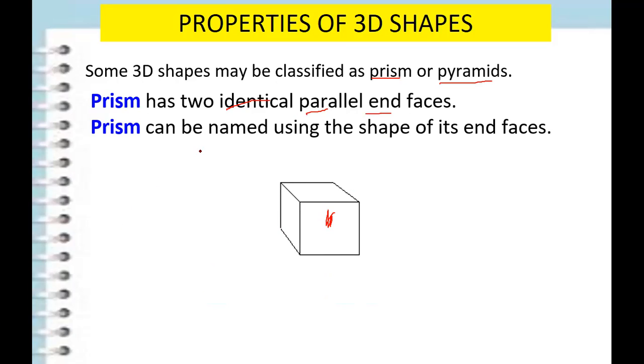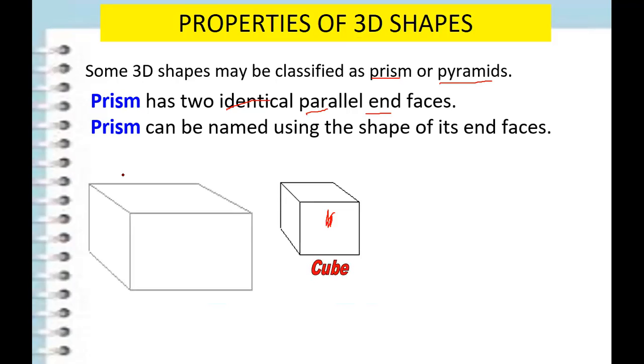Whenever all faces are squares, we call it a cube. Anywhere, the opposite side is the same shape, even when we cut here, it is still the same shape. Parallel end faces.